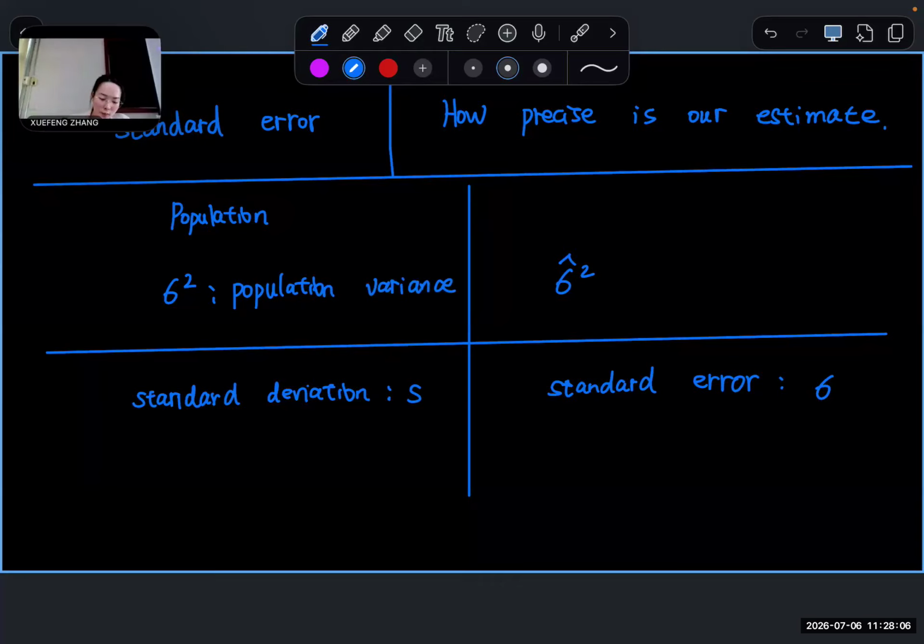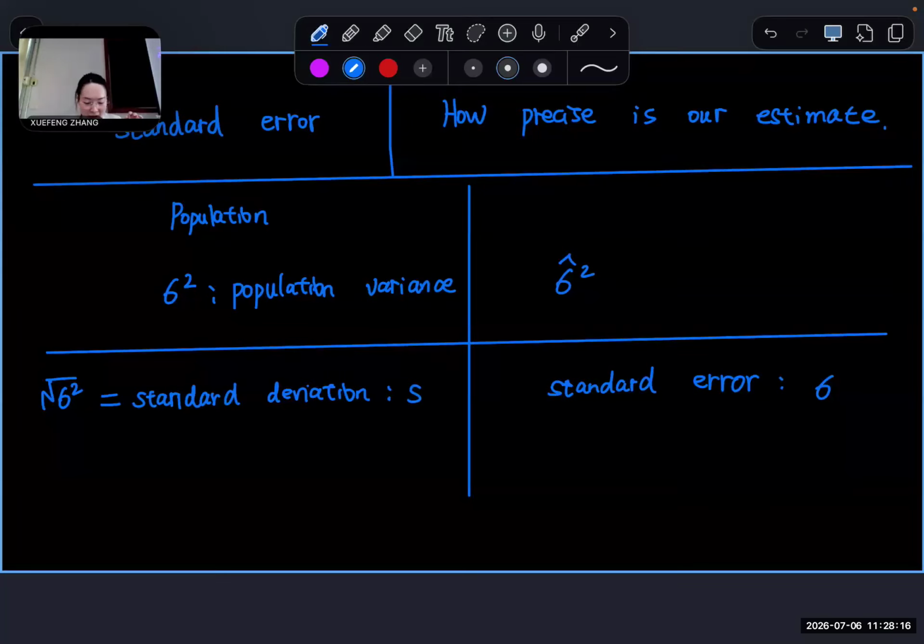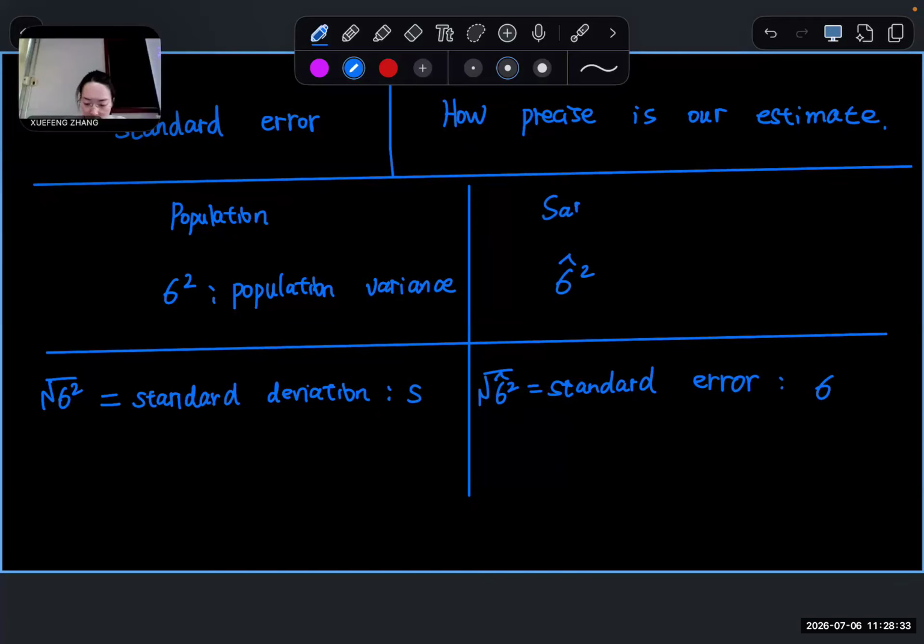And if we square root sigma square, we get standard deviation, which is S. So population variance and standard deviation are for the population. But for sigma square hat and the square root of sigma square hat, we get standard error. This is from our sample. And sigma square hat is called sampling variance.